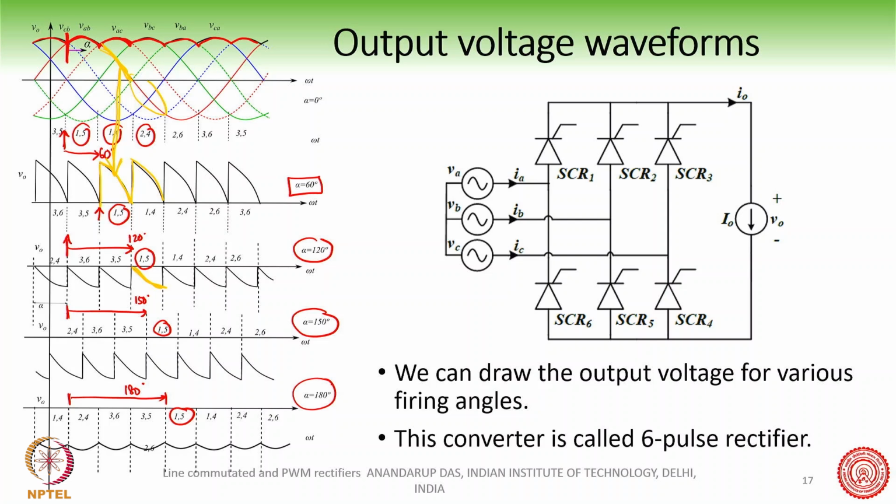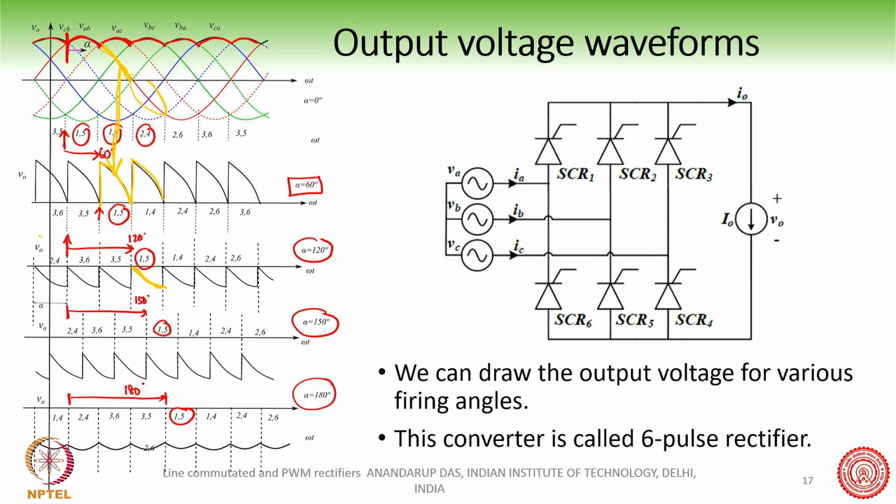Because this original AC waveform coming from the supply has both positive and negative parts, if we take piecewise sections of this waveform and put it at the output, sometimes we may get positive voltage, sometimes negative voltage, as can be seen.